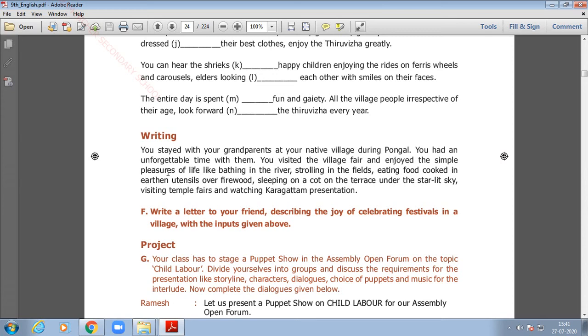Then you will have the opening like "Fine, how about you?", and then you will have to expand the ideas given there. Then have a conclusion part: convey my regards to everyone at home, my wishes or my pranams to your parents, etc. Then you have the subscription, "Yours lovingly". And then you have the address on the envelope. Don't forget to write the address on the envelope.